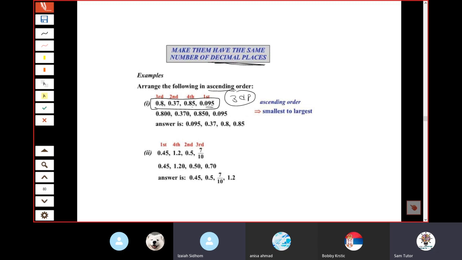So if I've got 0.8, add a 0 and a 0, I've got 3 decimal places now. 37, add an extra 0, becomes 370. 85, add an extra 0, becomes 850. 0.095 stays the same, that's already 3 decimal places. Now, what's the smallest? Well, 95 would be the smallest, followed by 370, then 800, then 850.